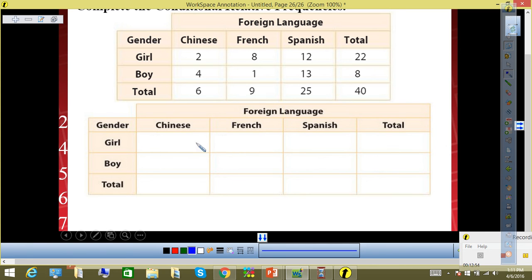By cell, I mean which box am I going to focus on? Top. Okay, well, tell me total, girl total, boy total, Chinese boy, French girl, Spanish boy. Which one? Chinese girl, okay. And what do I write? No, give me the fraction first. What fraction?